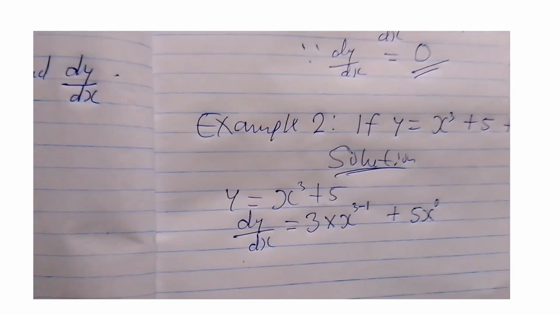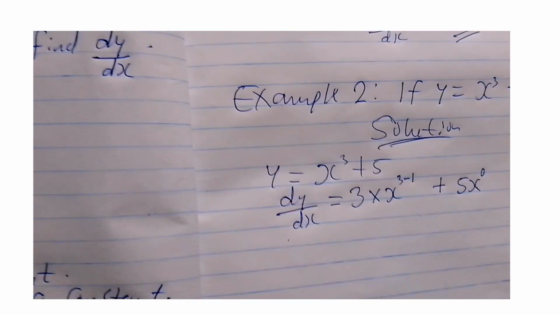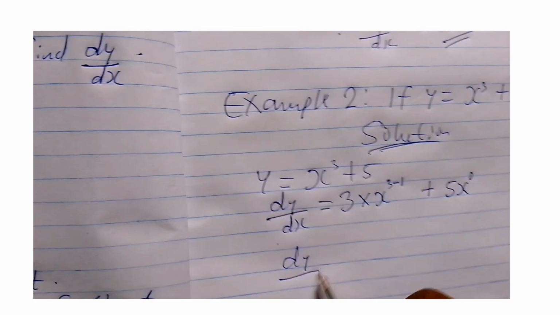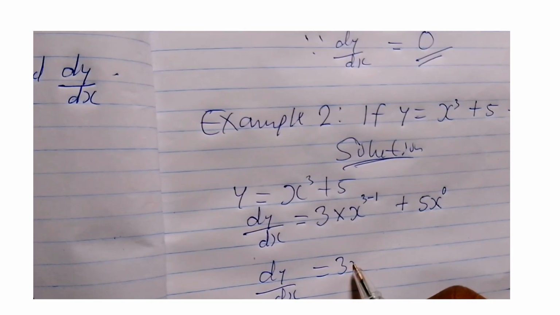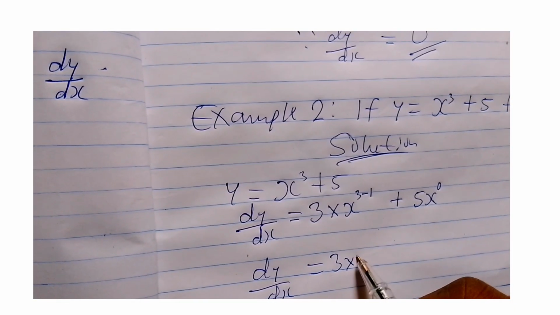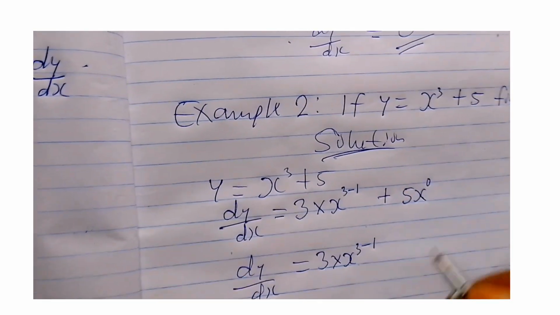Now, for us to be able to derive this guy separately, let me come down again so that we understand what we are doing here. You know that I've already derived the first one, which is 3 times x raised to the power of 3, then subtract 1 from it. Now let's derive this guy.